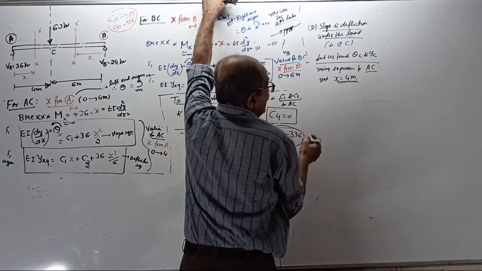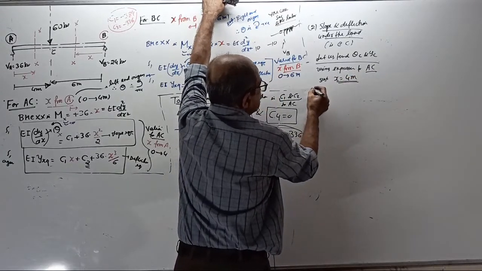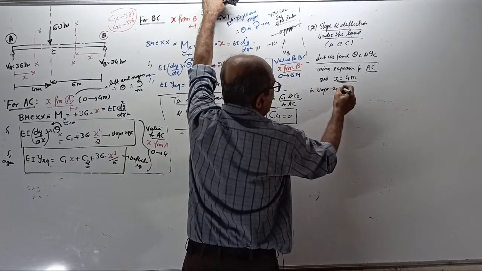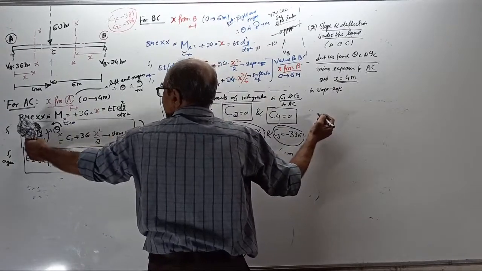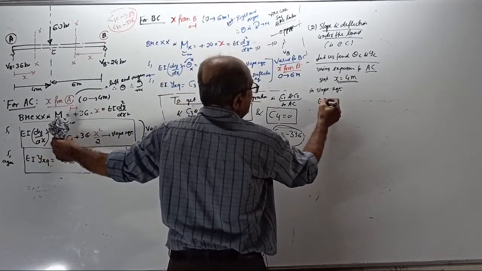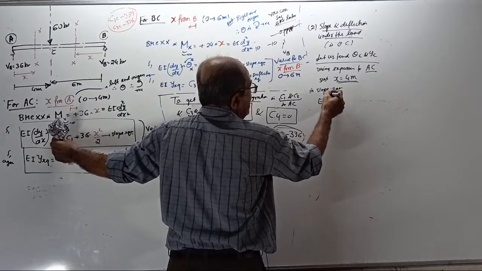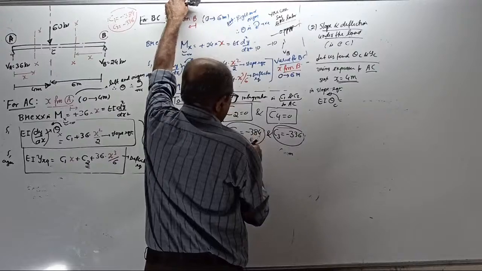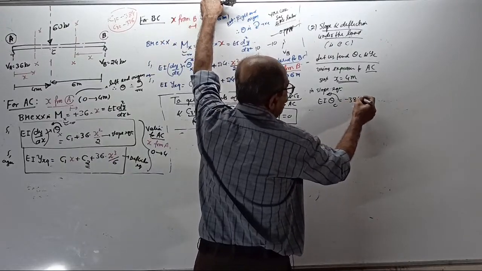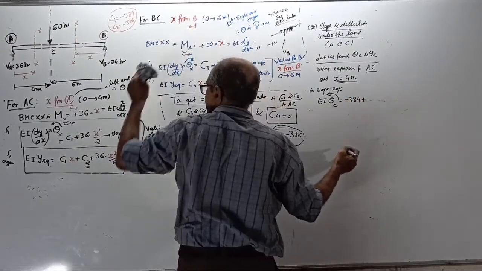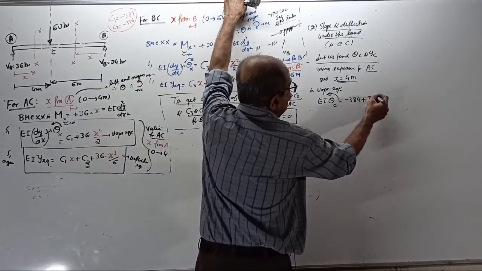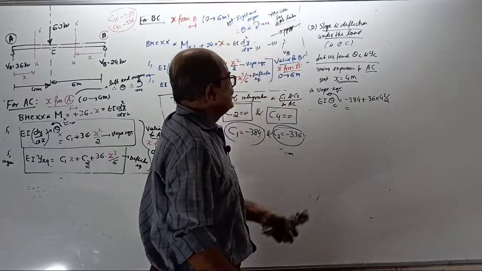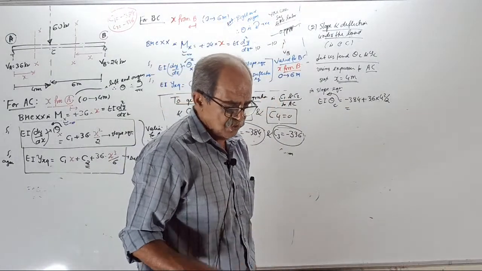In the slope equation, you get EI theta C anti-clockwise equal to C1, where C1 is minus 384 plus 36 into 4 square by 2.